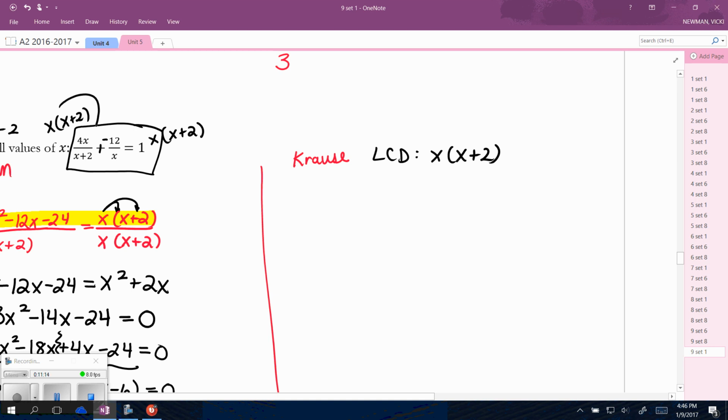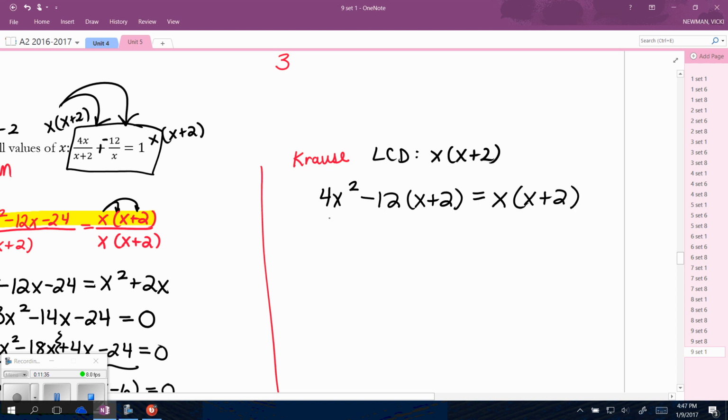In the first one, when you distribute, the x plus 2's will cancel, so you have 4x times x, which is 4x squared. When you distribute to the negative 12 over x, the x's will cancel, and you'll have negative 12 times x plus 2 equals x times x plus 2.